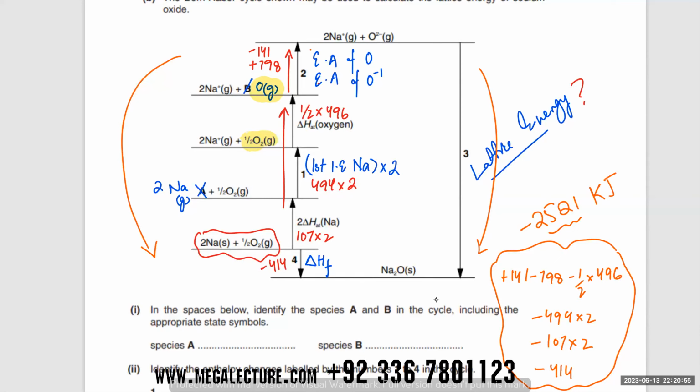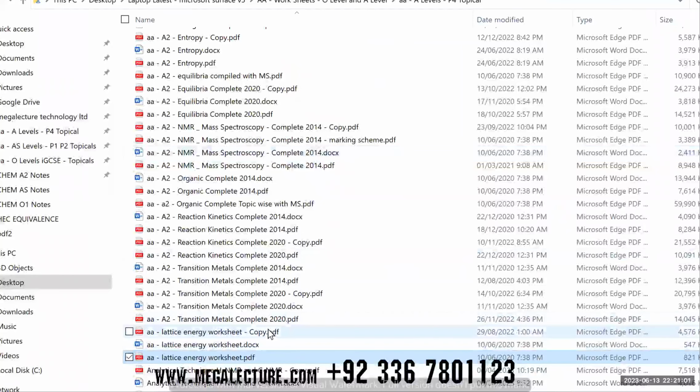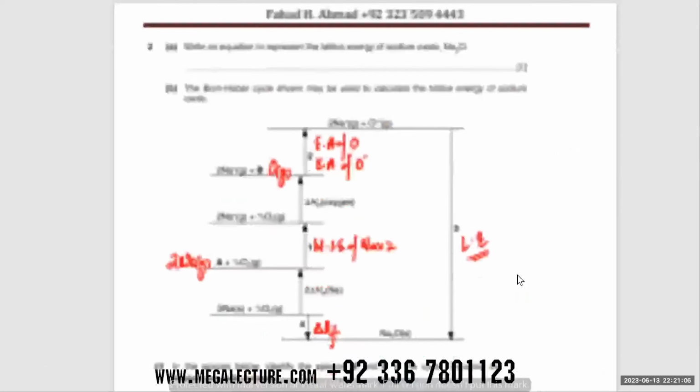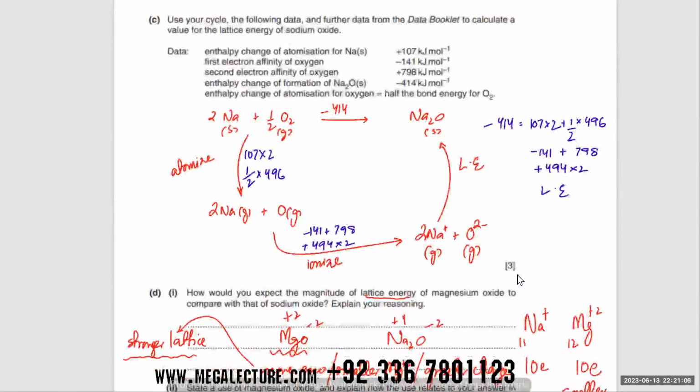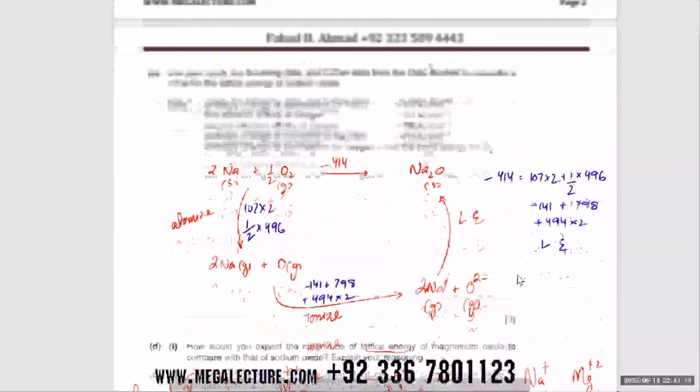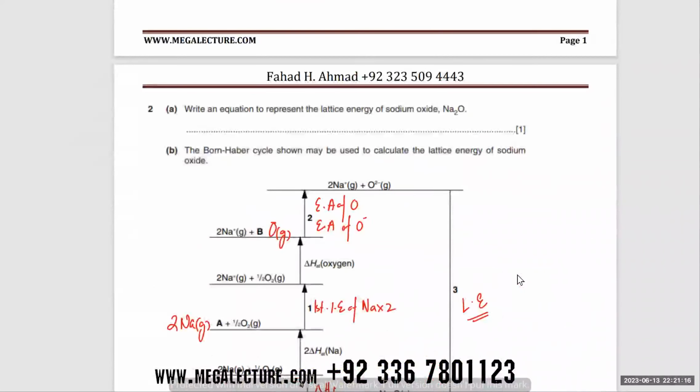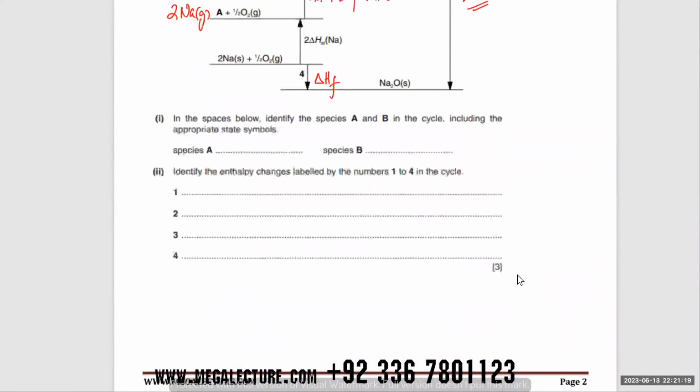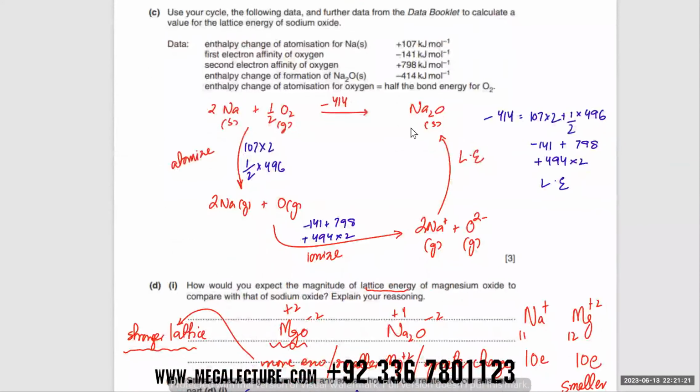Let me just double check. It was this one. So this one hasn't gotten... Are you sure -2521? No, I'm not sure, but that's what I got.